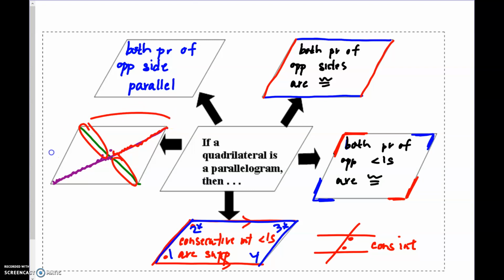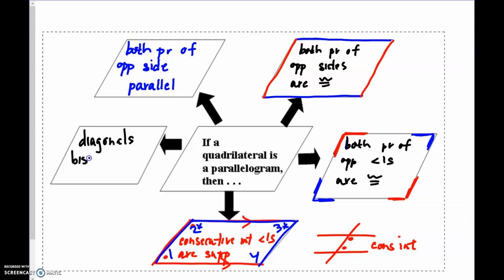So what we have here for our last theorem is that the diagonals bisect each other. Okay, they're not necessarily perpendicular to each other, but the diagonals bisect each other.